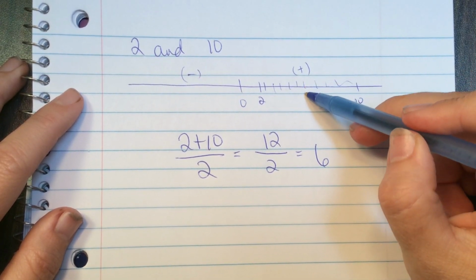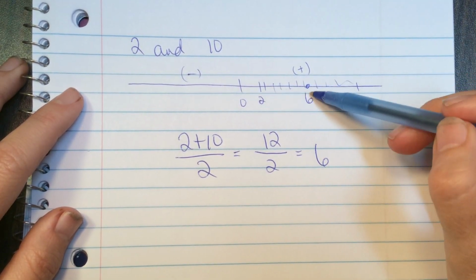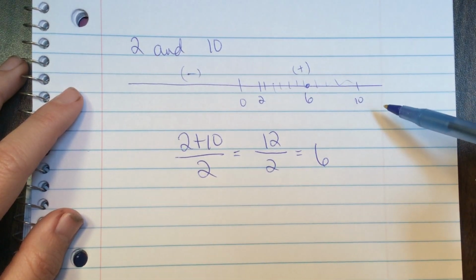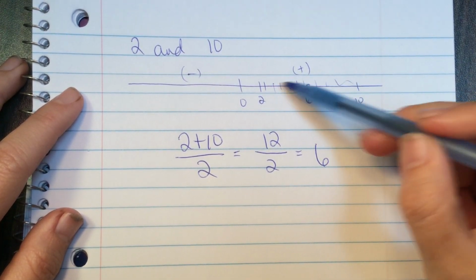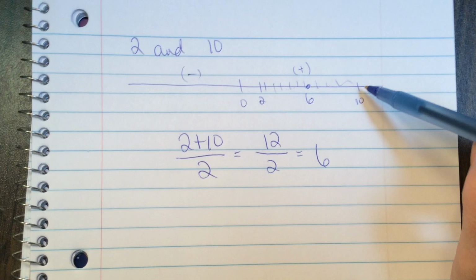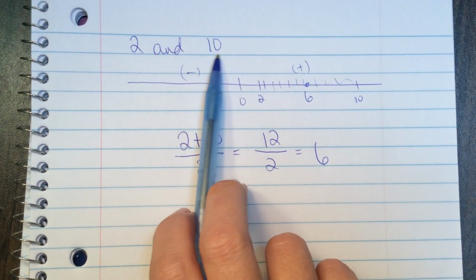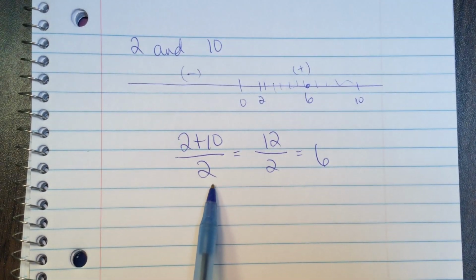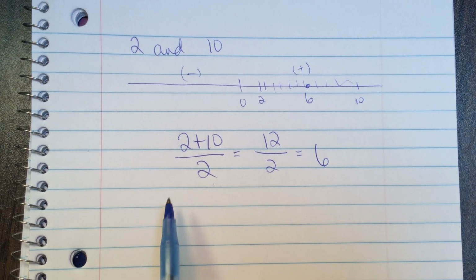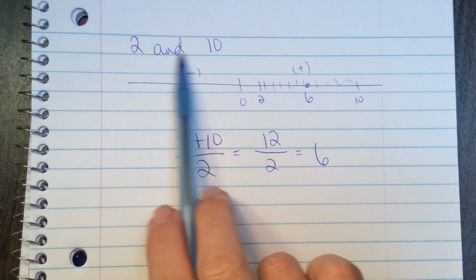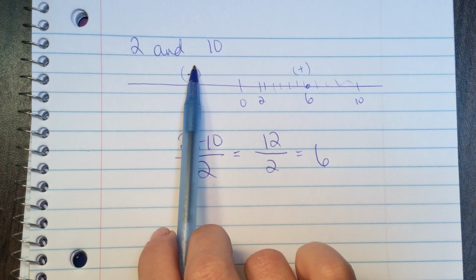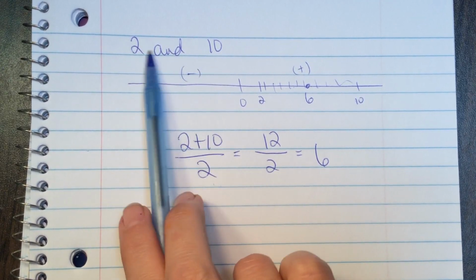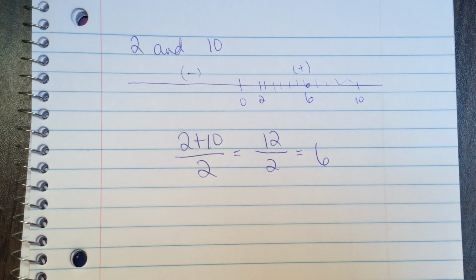So 6 would be halfway between 2 and 10. And I know my hash marks are not in the right spot, but you just add the two numbers together and divide by 2, just like we would on the coordinate plane. This is actually an easier problem. I'd forgotten that they were going to ask you these type of questions.